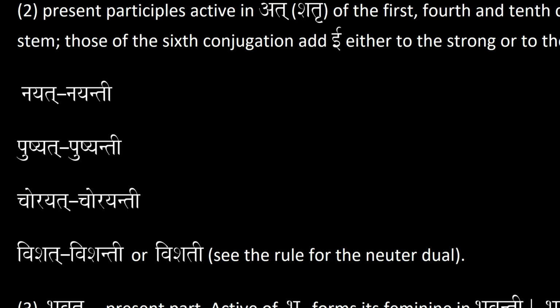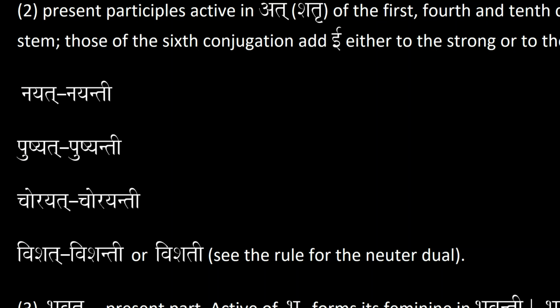So when you form the strong stem of nayat, you would end up with nayant, just like for dhimat the strong stem would have been dhimant. Then you would add a long e to that strong stem, and that's how you end up with nayanti.